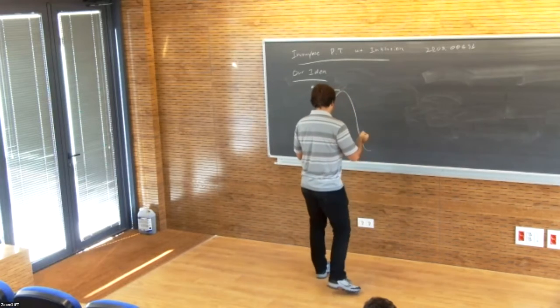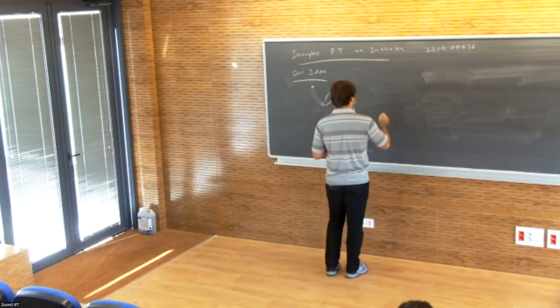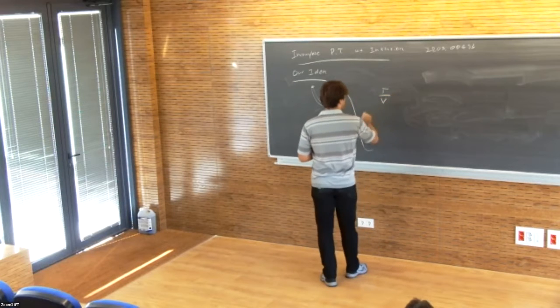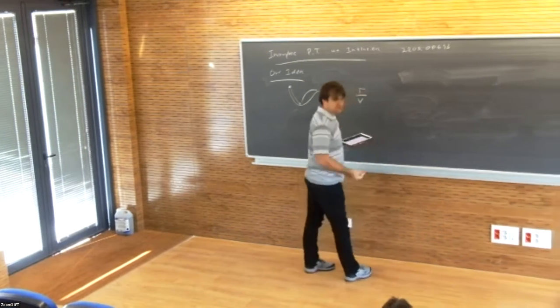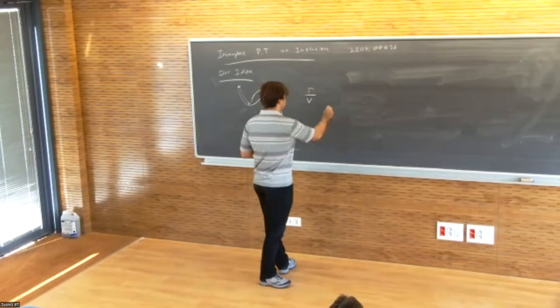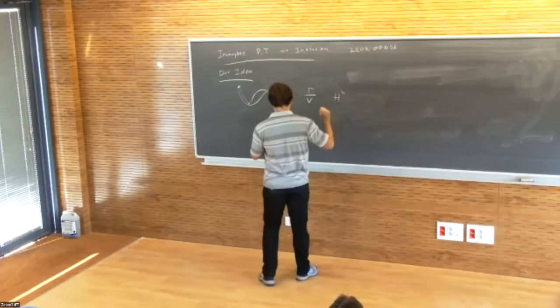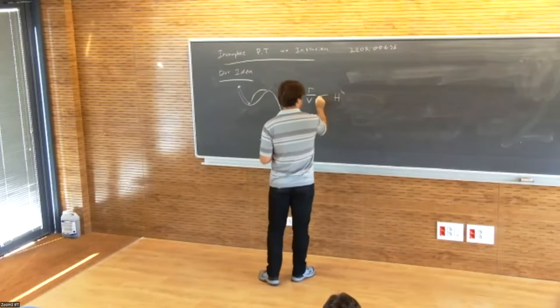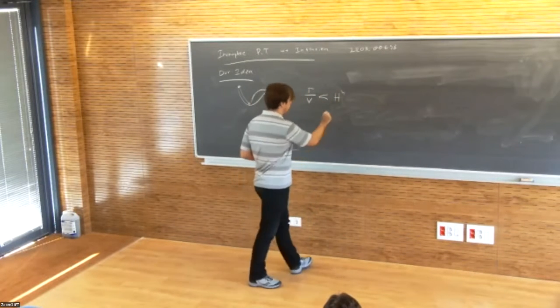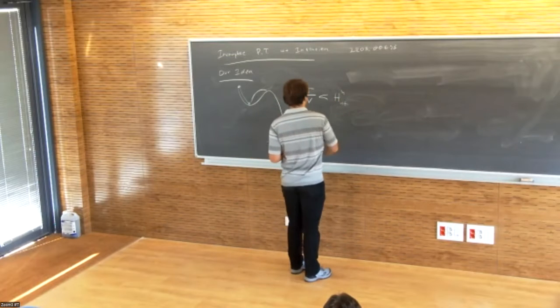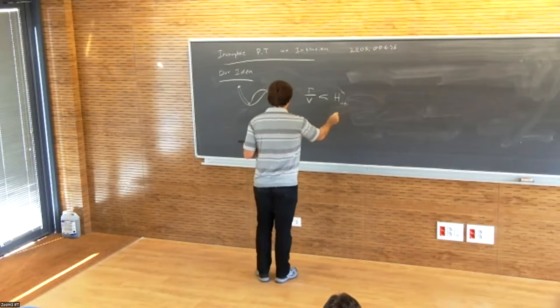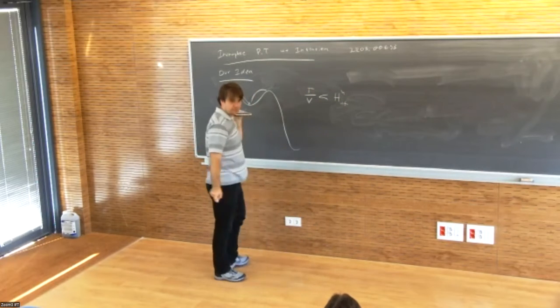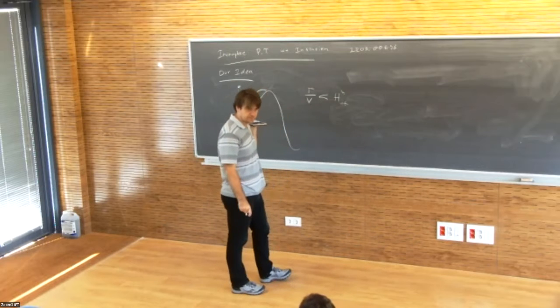So again, what do we need to do? We need to compare gamma over V, the rate of transition per volume, to Hubble to the 4th, and we're going to be in the regime where this is less. This is Hubble during inflation. But as I said, gamma over V is bigger than Hubble given by just this vacuum energy.